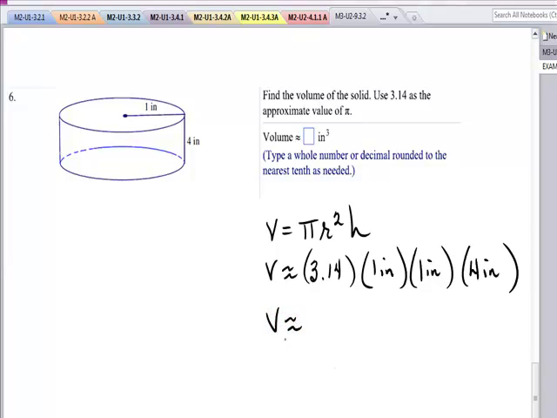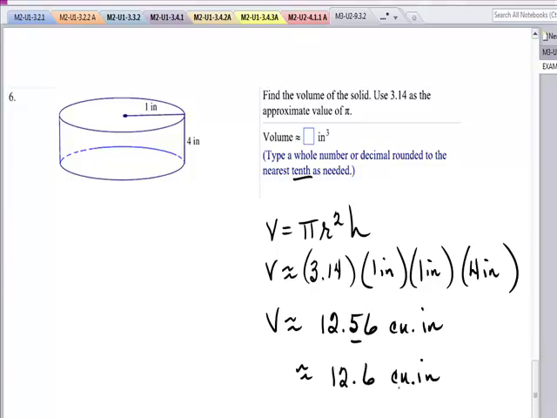So the volume is 12.56 cubic inches, round to the nearest tenths. So this is approximately 12.6 cubic inches.